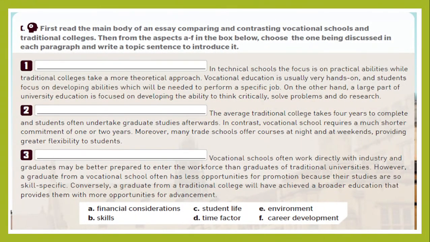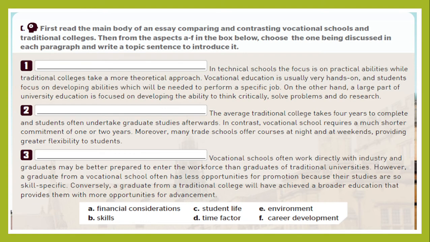Now, the second objective, to write a topic sentence for each paragraph. First, read the main body of the essay, comparing and contrasting vocational schools and traditional colleges.